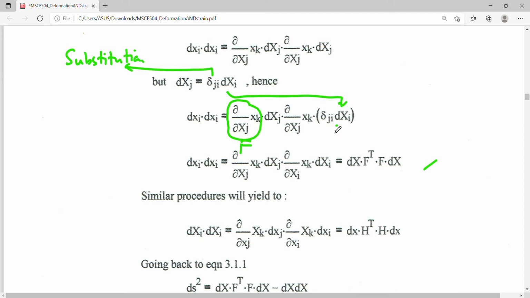Okay, so this will contract into a J, so this will be a capital dXJ dXJ, will yield this part here. Okay, this is now this part here. Okay, and your F transpose and F will simply be this part here and this part here.